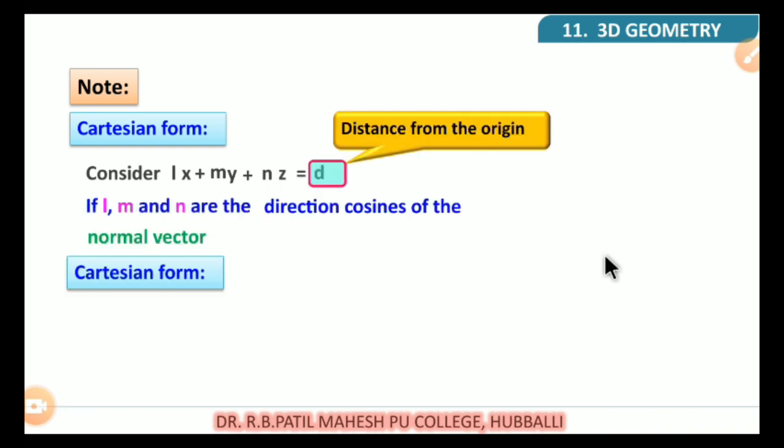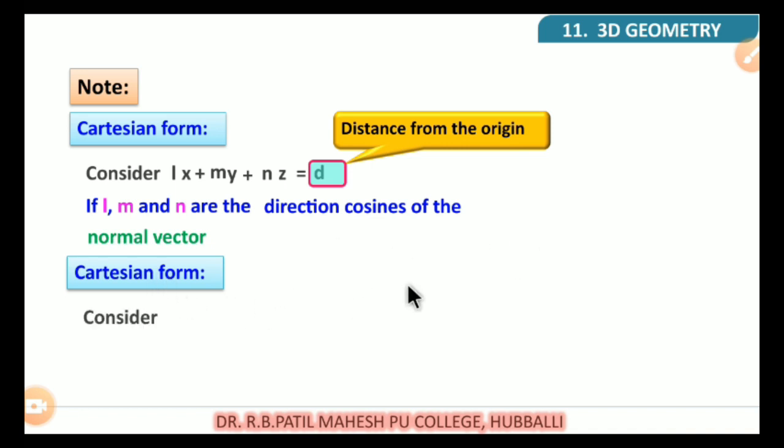And some more points here. In Cartesian form, consider Lx plus My plus Nz equal to d, if L, M, N are the direction cosines of the normal vector, so in this case d is the distance from the origin.